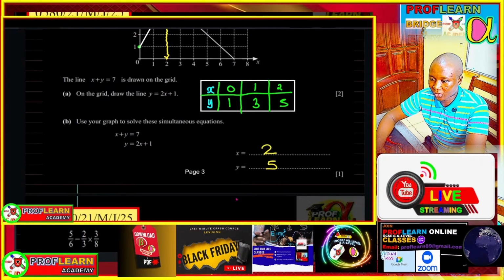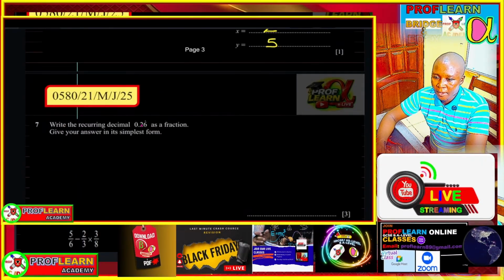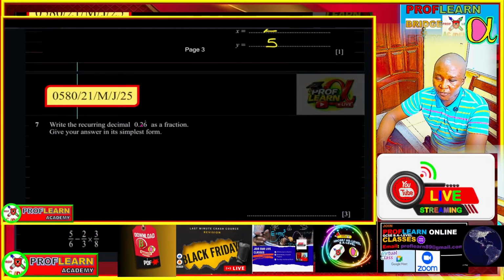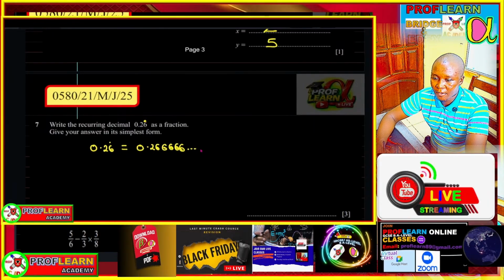as far as this paper is concerned. Write the recurring decimal 0.26, where the dot is at 6, as a fraction. The digit that is recurring there is basically 6.